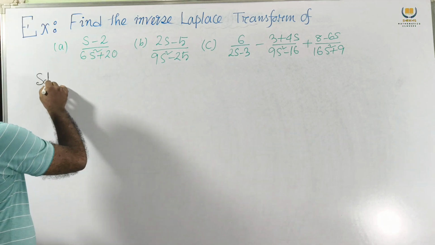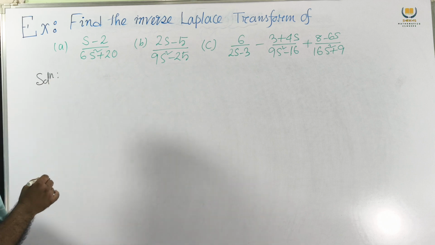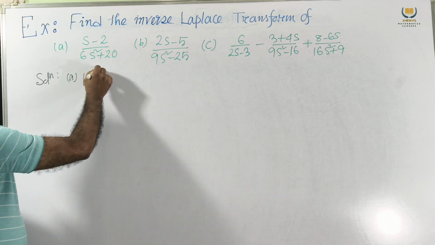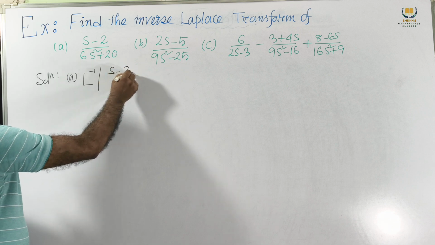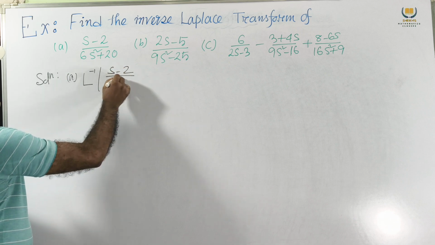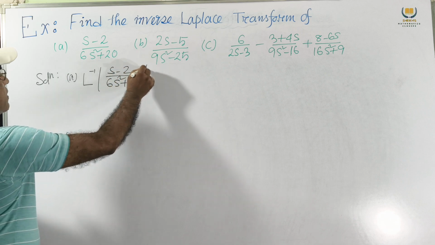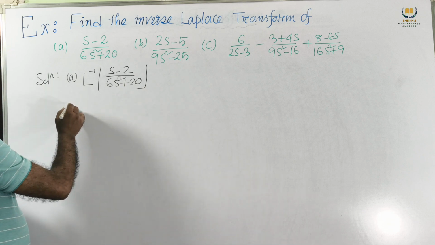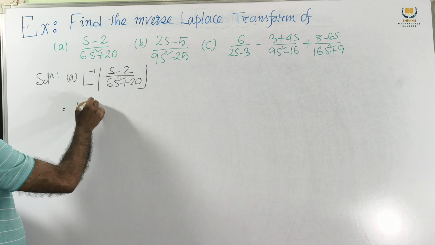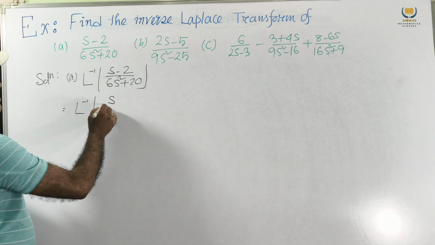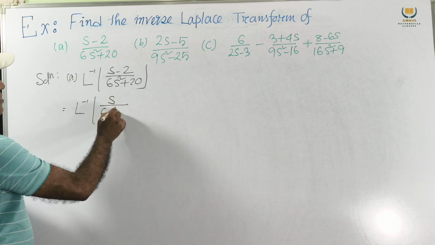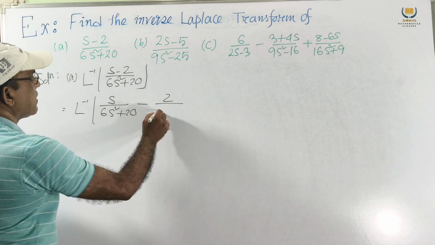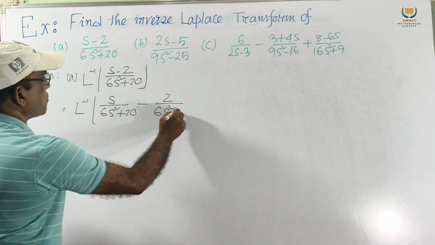Now the solution. First we consider number A: L inverse of (s minus 2) by (6s square plus 20). We separate this: L inverse of s by (6s square plus 20) minus 2 by (6s square plus 20).